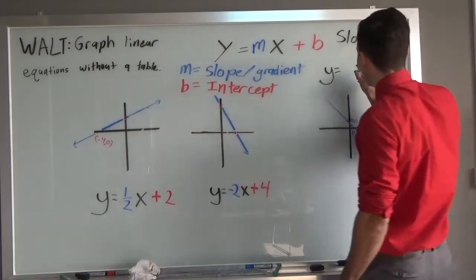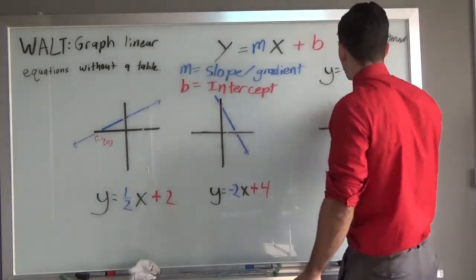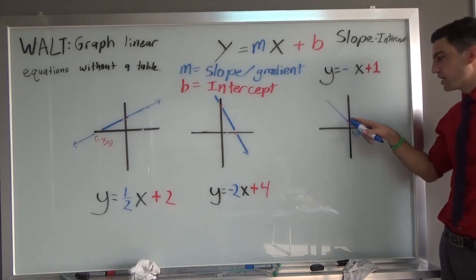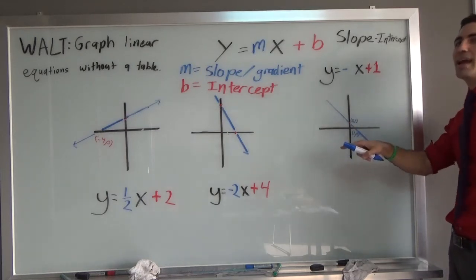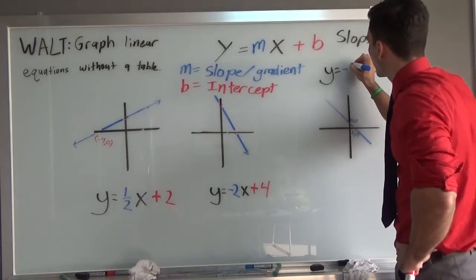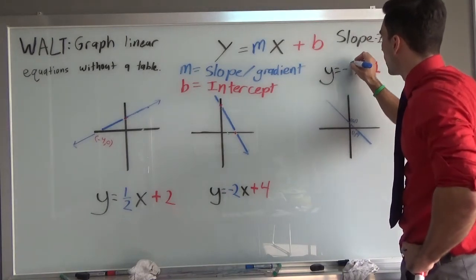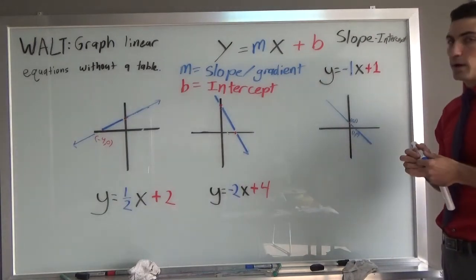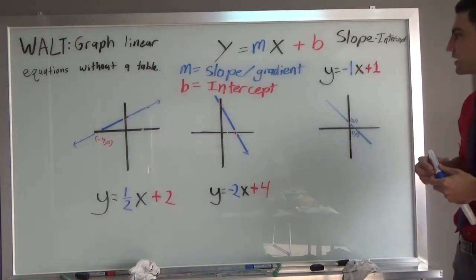I know that I have a negative value, and since I've been given 2 points here, I know that I go down 1 and I go 1 to the right, which means that we have a value of negative 1 for our slope. We don't even need to put the negative 1.